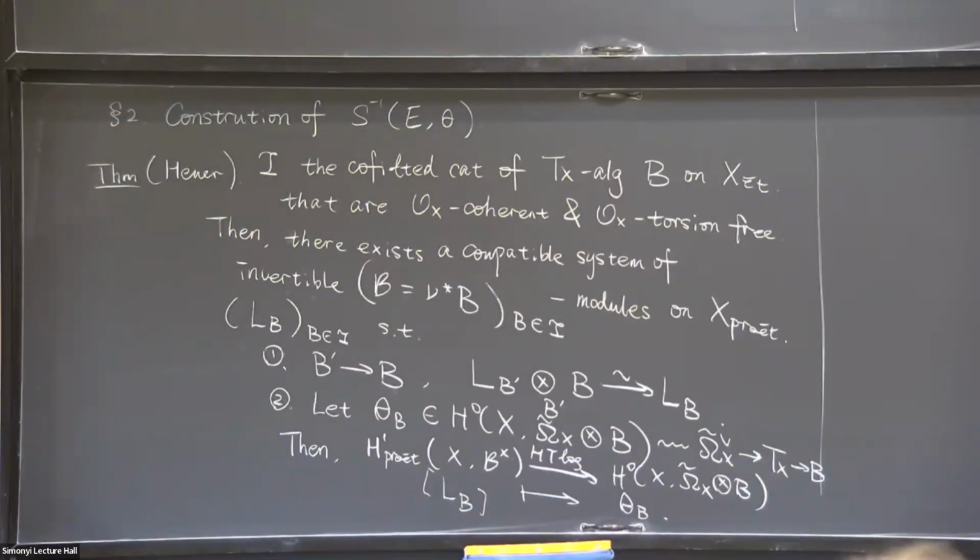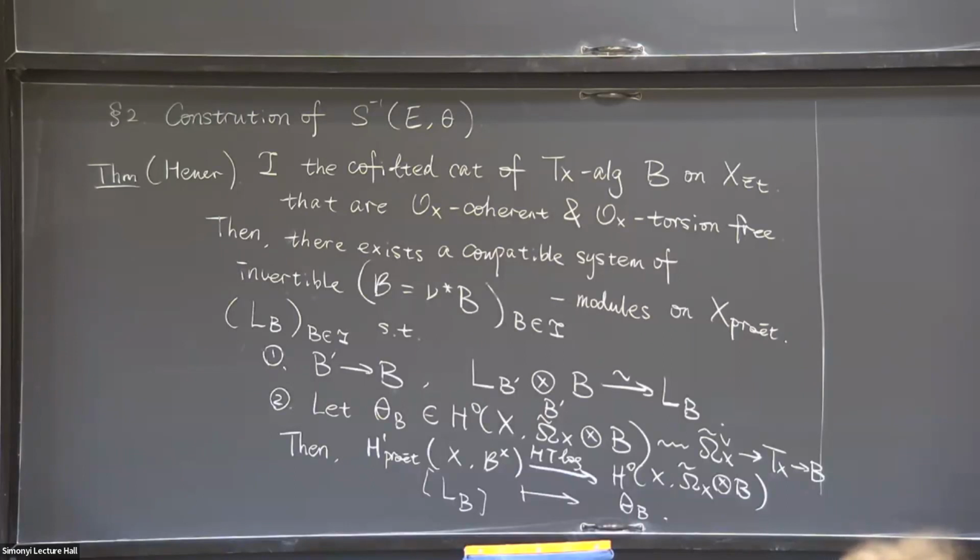For each B, it is like a Hitchin base. And over each Hitchin base, I pick an invertible module LB. I need that for different Hitchin bases, they are compatible with each other, so that I could define a well-defined functor on all Higgs bundles.